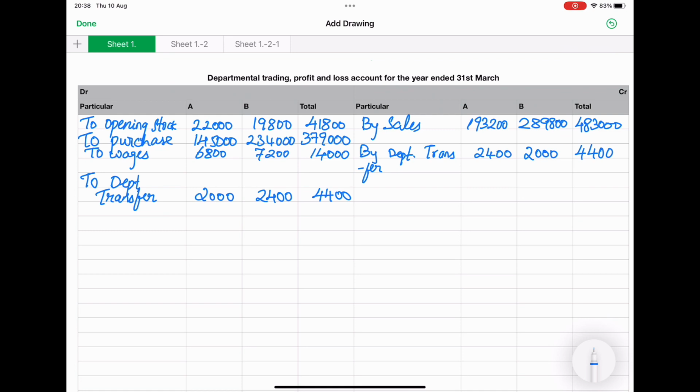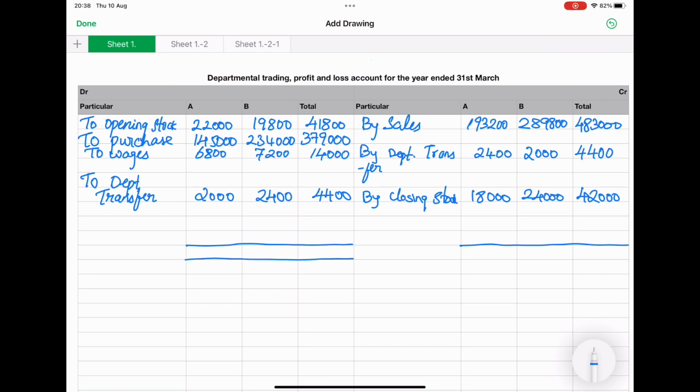Any other adjustments? Finally we are going to show the closing stock. How much closing stock have they given in the question? 18,000 and 24,000, total 42,000. So add both sides, credit side as well as debit side. Whichever side total is higher, that is considered as the total for both sides.